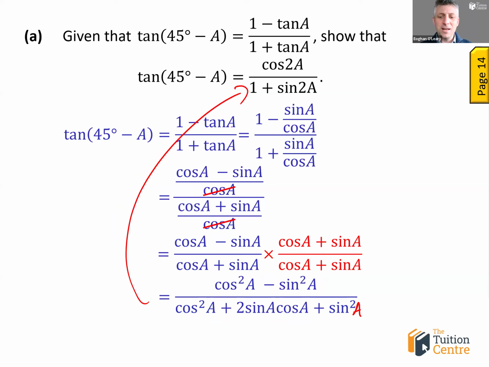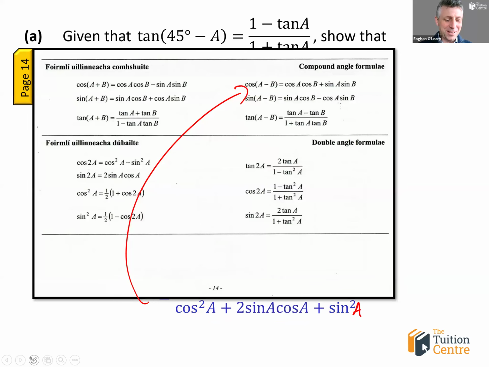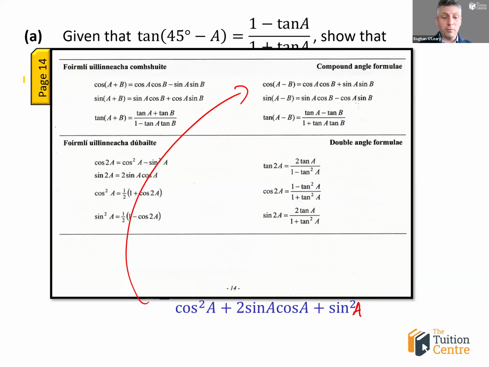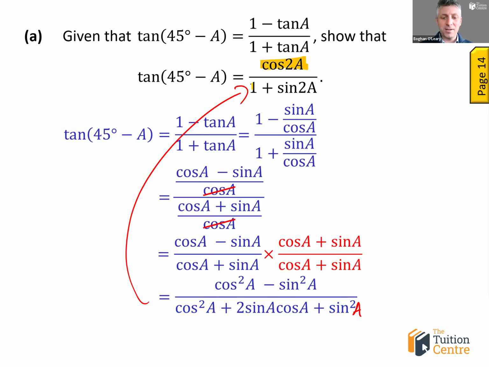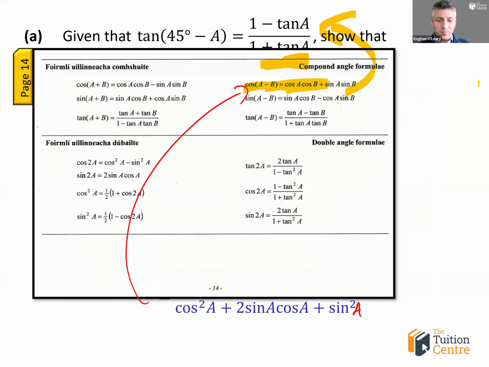So what we could do here is something that some of you may have done at the very start, and you could work the other way around as well. You could start here and work your way back to there, and that also works. So in this case, what we're looking for is something that looks like cos of 2A, and there it is. Look at that.